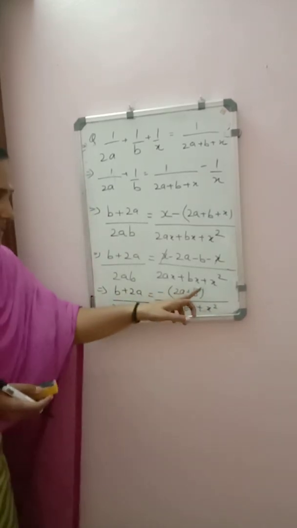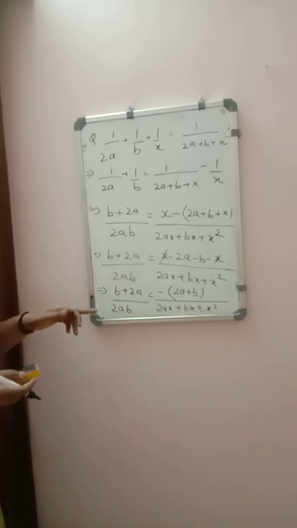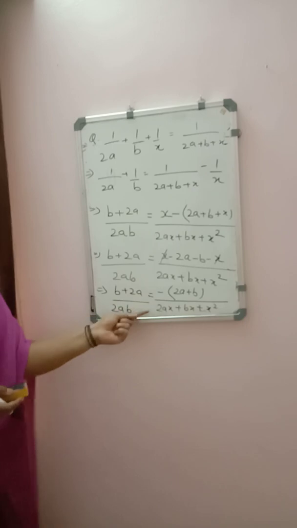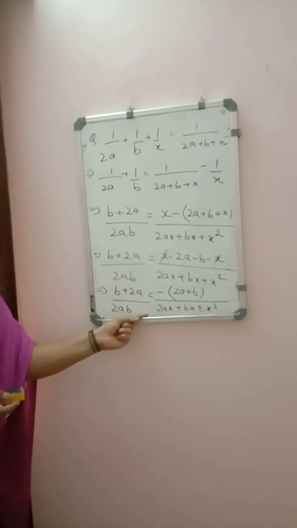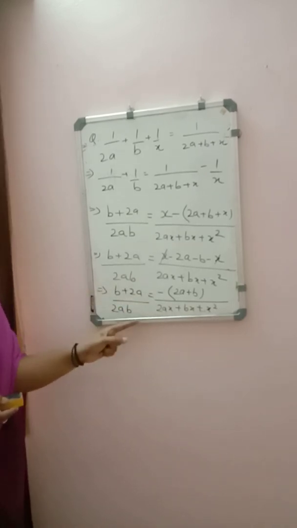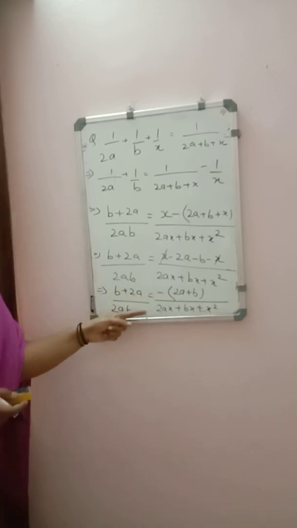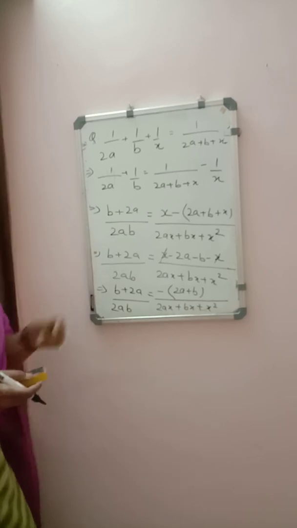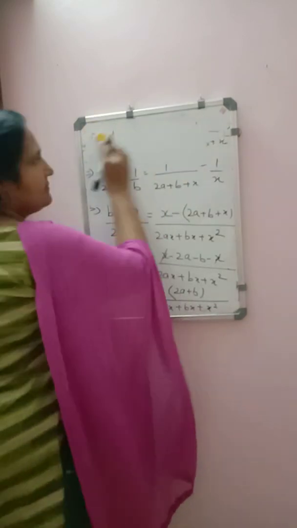If same expressions are there, we can cancel the same expression, because if I shift this to left hand side, it will go to denominator. In that case we can cancel these two expressions. So avoiding that step, we don't have to show the cancellation, we can write the next step directly.